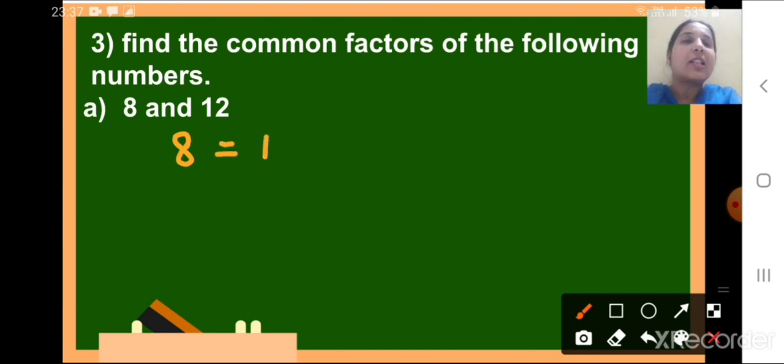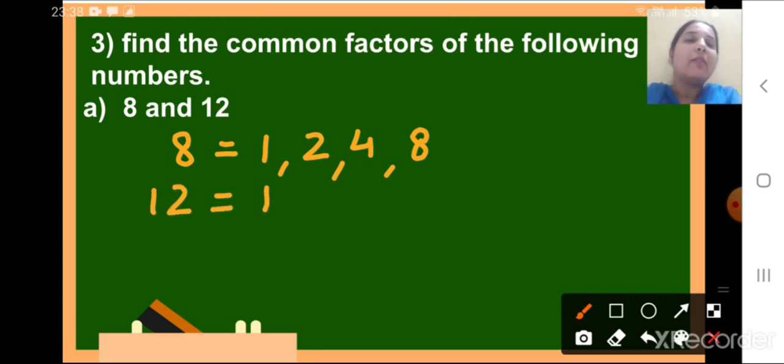We will start with 1, then 2 4s are 8, it means 2 and 4 both will be the factors of number 8, then 8 itself. In the same way we will write the factors of number 12: we start with 1, then 2 6s are 12, so 2 and 6, then 3 4s are 12, it means 3 and 4, and then 12 itself.